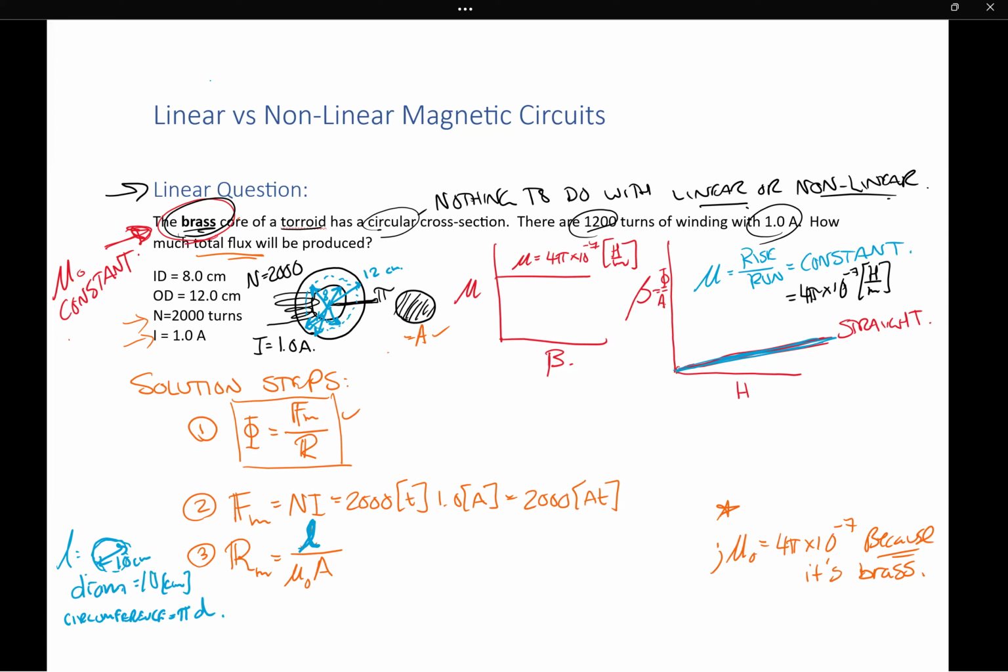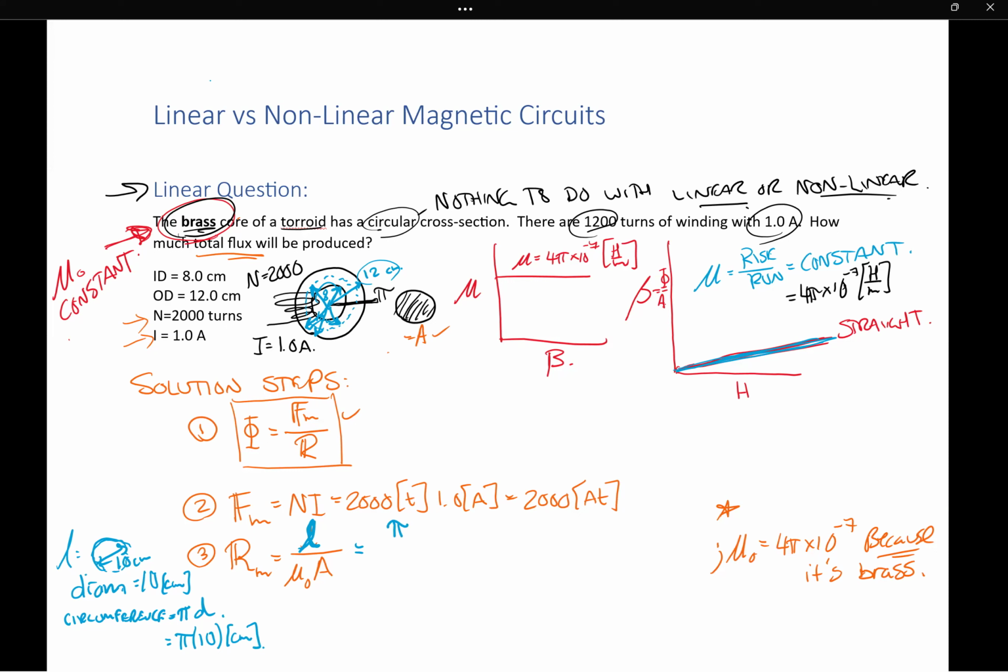So pi d, which would be pi times 10 centimeters, would be that mean path length in the middle. There's so many ways to do that. I could say pi d of exterior plus pi d of interior divided by 2 to get the average path length. So many ways to do it, but I'm just going to use pi d there.